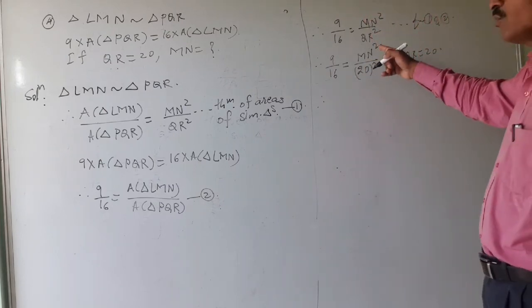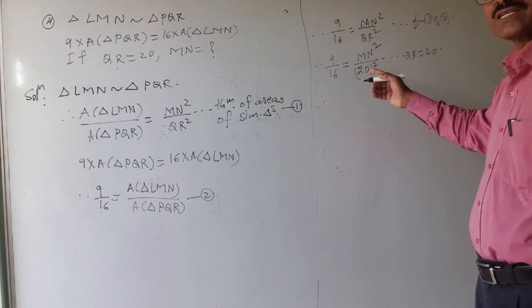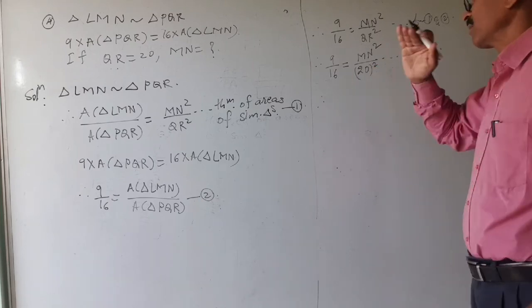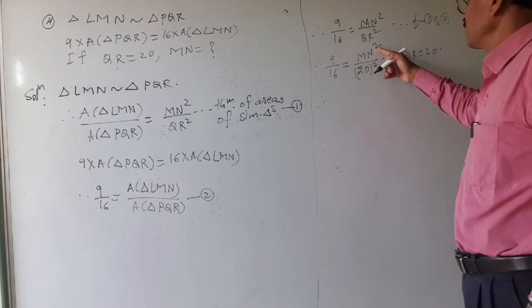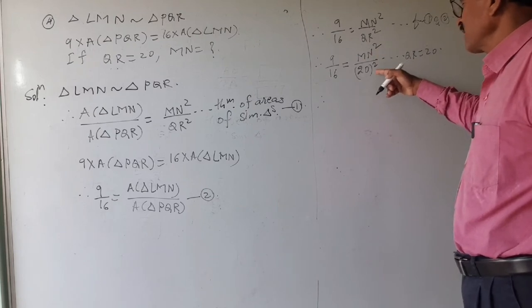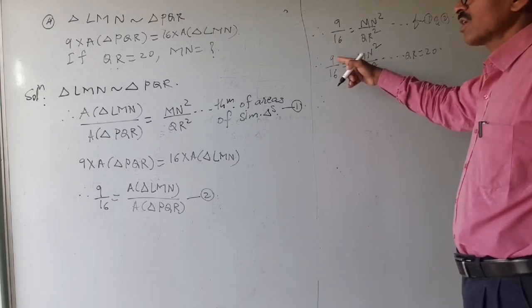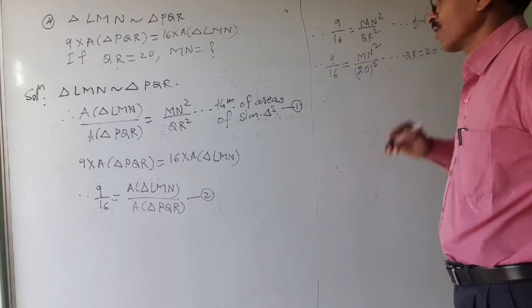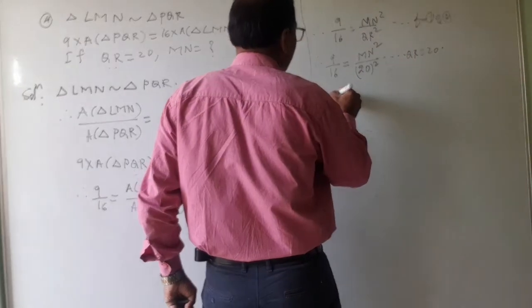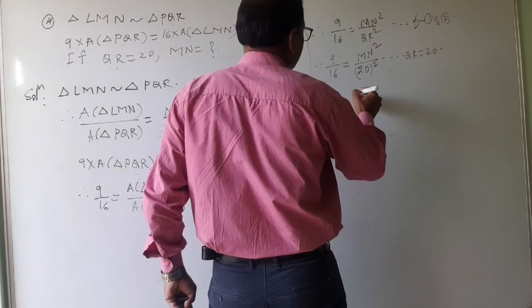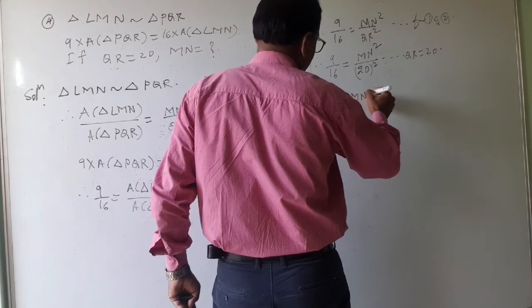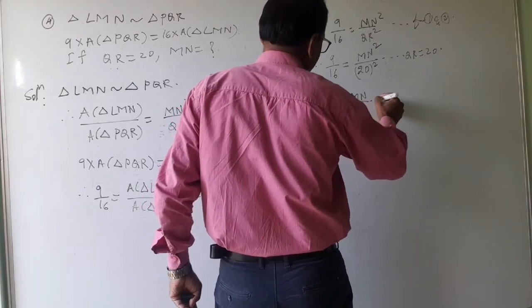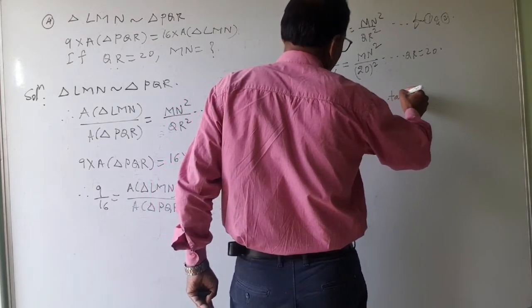Now, students generally start immediately doing the cross multiplication. No. Take the square root of this, it will be MN. Take the square root of this, it will be 20. Take the square root of this, 3 upon 4. Therefore, 3 upon 4 is equal to MN upon 20. Reason: taking square root.